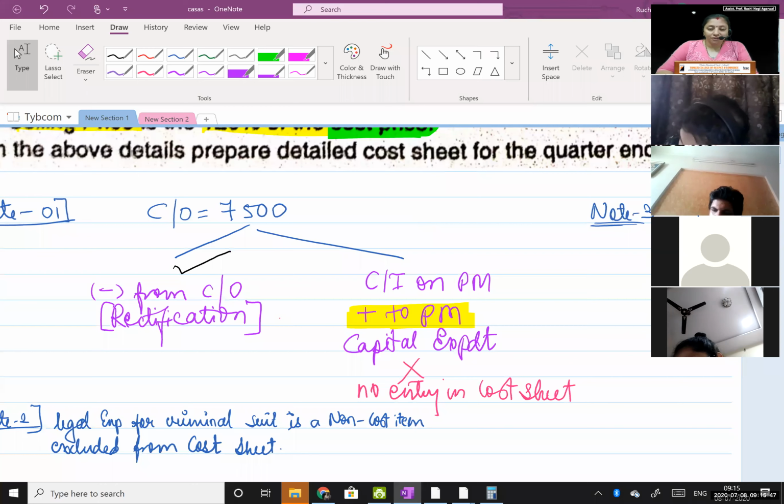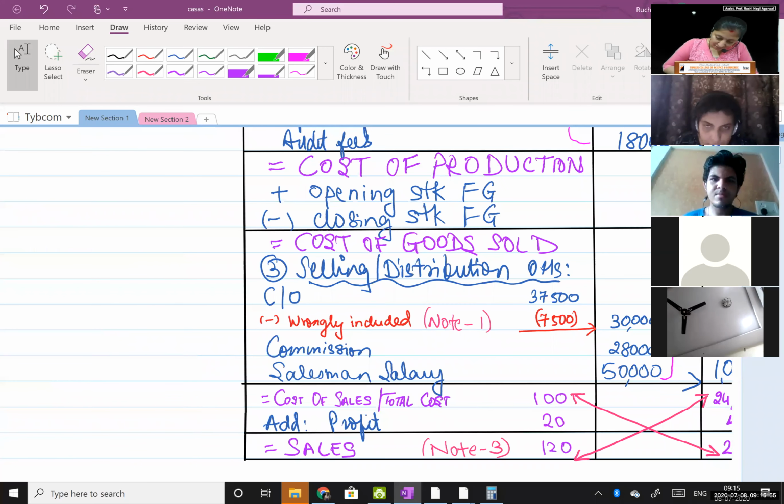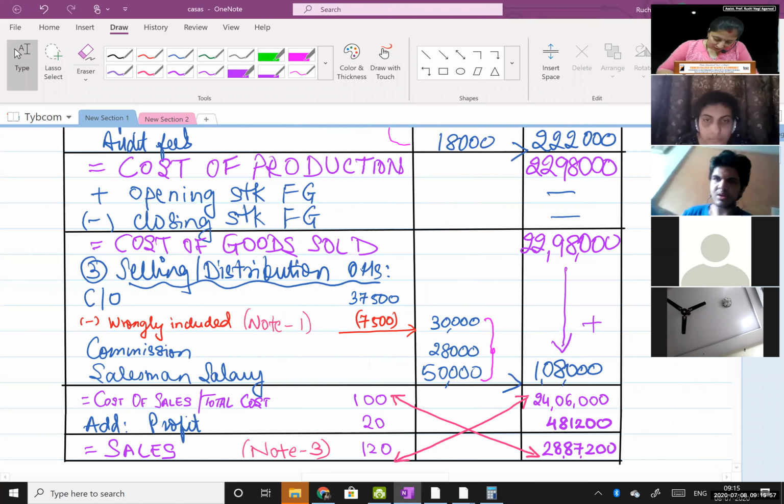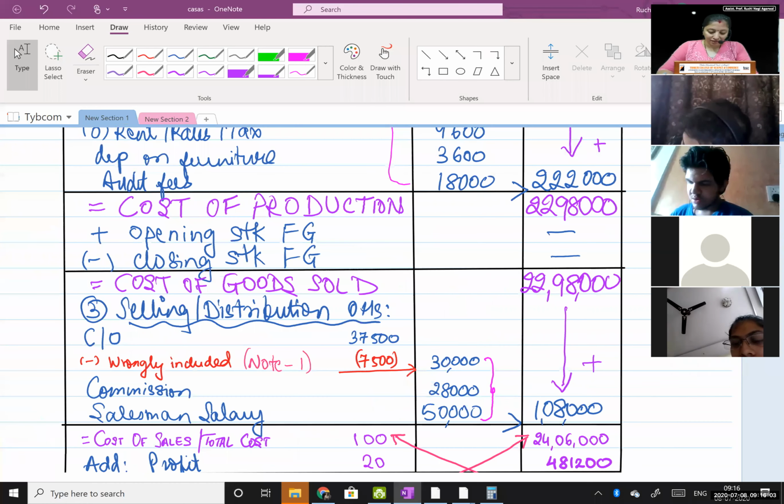The second effect will not be seen in the cost sheet. Clear? So that one, note number 1. Carriage outward 37,500 less wrongly included as per note number 1, 7,500.